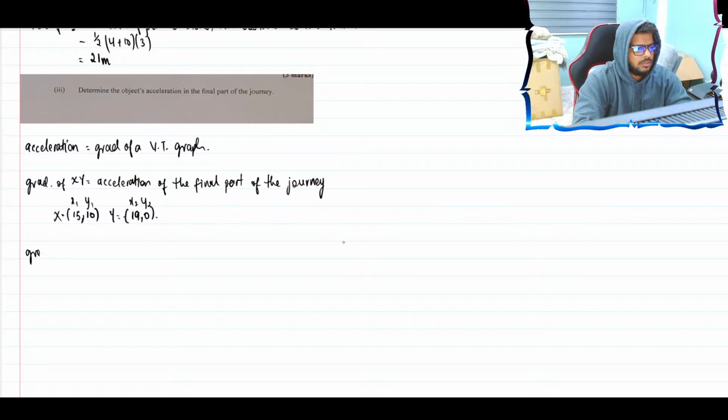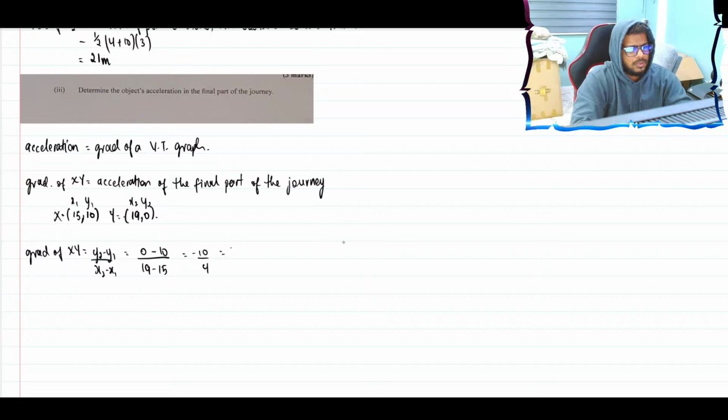So the gradient of XY is y2 minus y1 over x2 minus x1, which is negative 10 over 4, which is negative 5 over 2 meters per second squared.